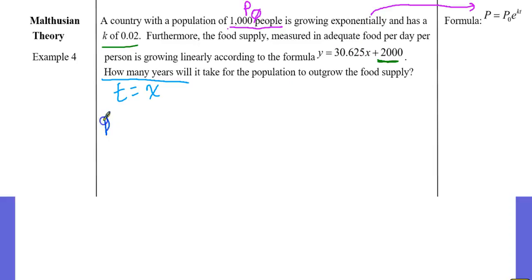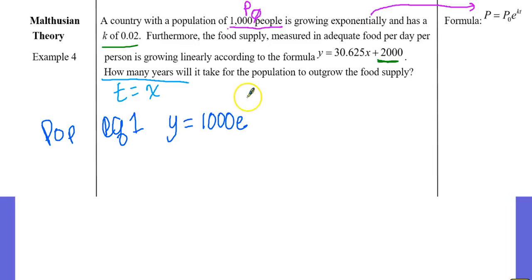For equation 1, we're going to do our population growth equation. Our population is going to be y instead of p. And 1,000, which is our initial population, times e raised to the k, which we already know is 0.02, times x, because that's what we want to know.